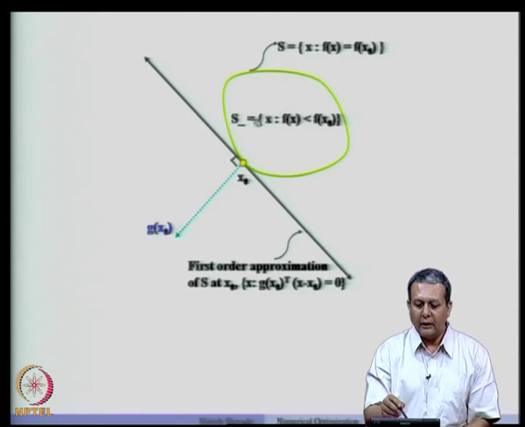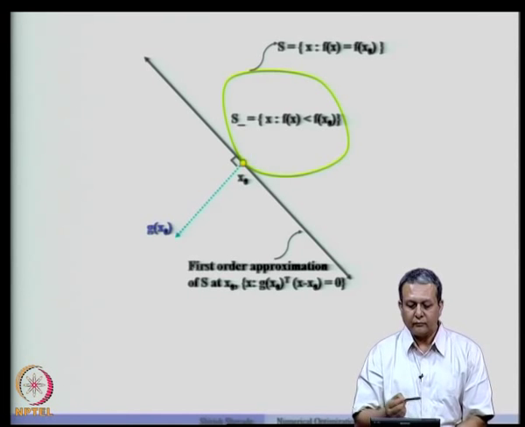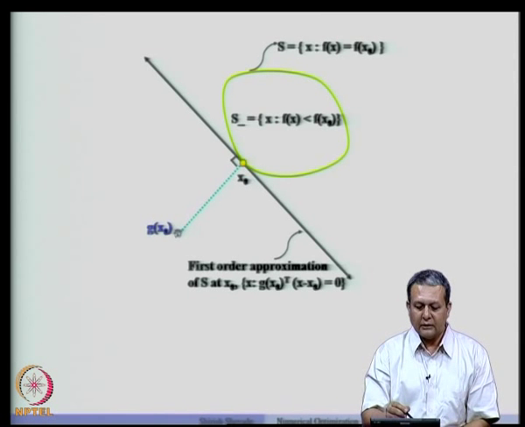In the interior of this contour, the value of the function is less than f of x naught, and g of x naught is the gradient of f at x naught. This is pointing in this direction. The gradient pointing in this direction means that the value of the function as we move along the gradient direction is going to increase.